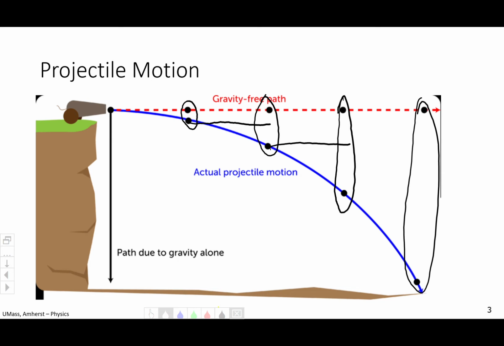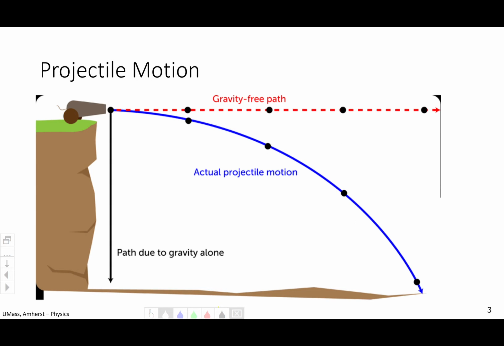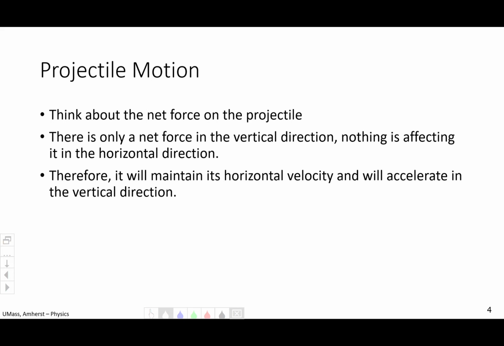And then finally, it's moved a whole heck of a lot. We know that this should be true because the object is accelerating vertically. It's going faster and faster and faster, meaning it covers more displacement per unit time every second. So that's generally what we should be getting out of our understanding of what projectile motion is.